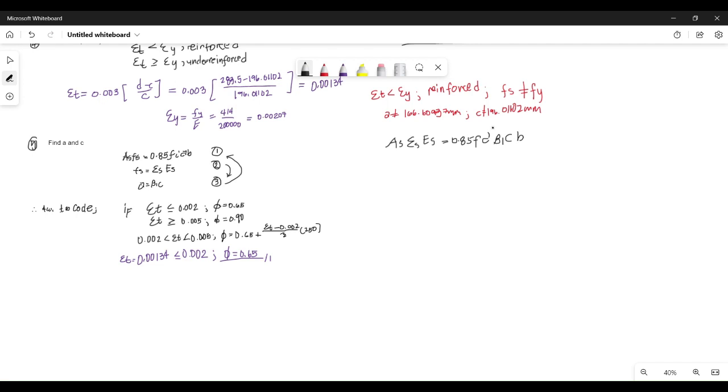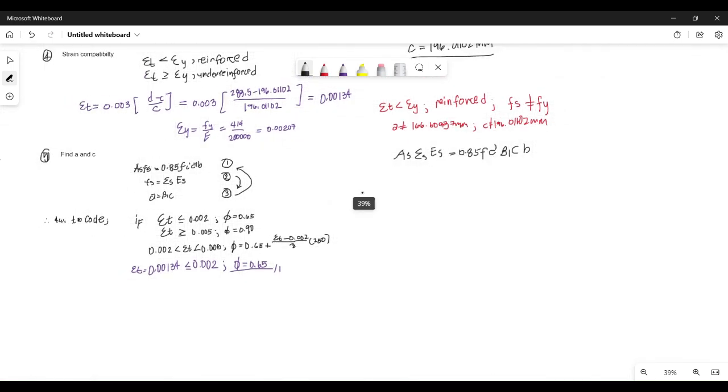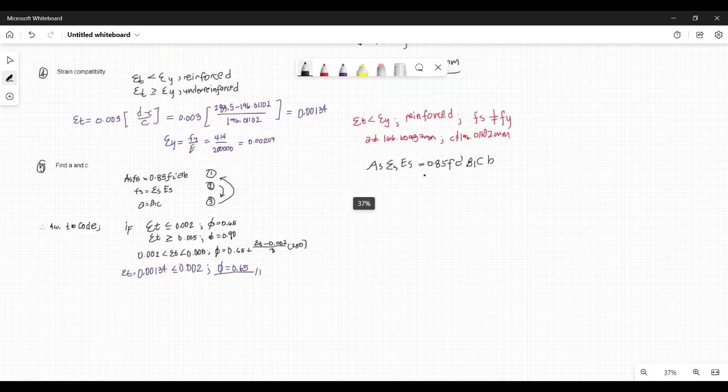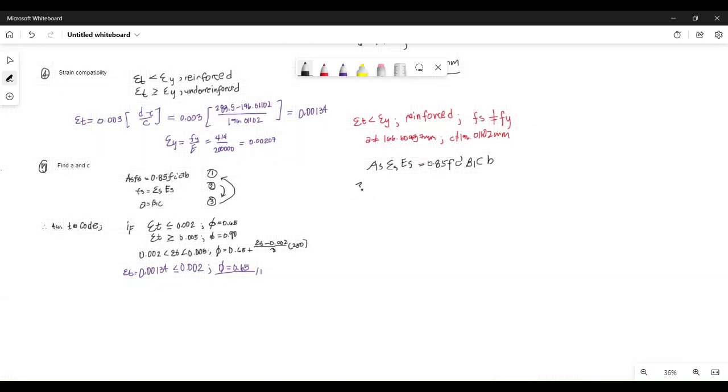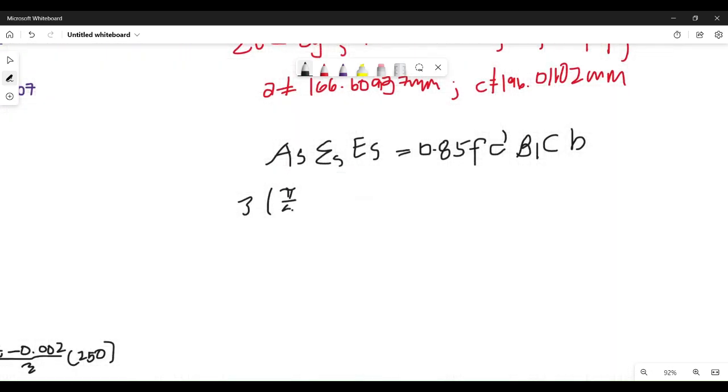So, i-substitute na natin yung mga given sa variable na to. As sa taas, meron tayong kanina, yung As natin is equal to 3 times pi over 4 times ang diameter na 25 squared.